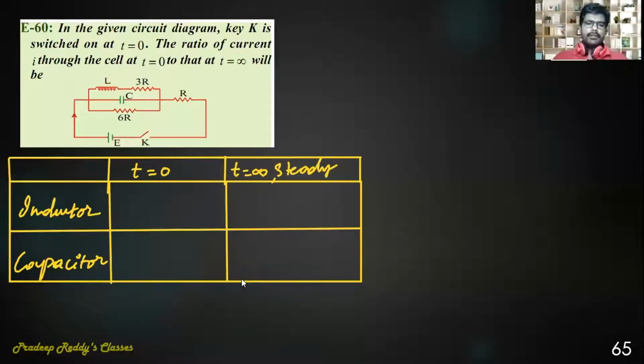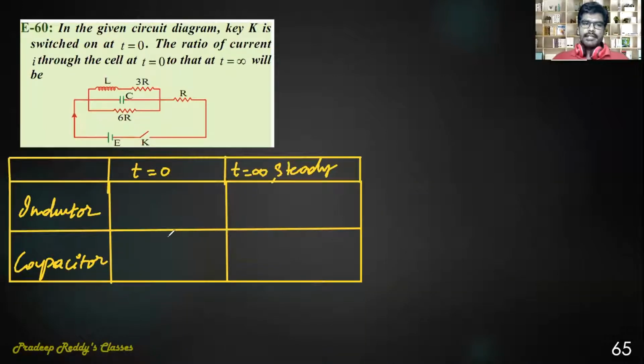as we know, we have learned about growth and decay of charge in a capacitor. In a capacitor, charge will increase with respect to time, whereas in an inductor, current will increase with respect to time. That's growth and decay of charge in a capacitor, growth and decay of current in the inductor.